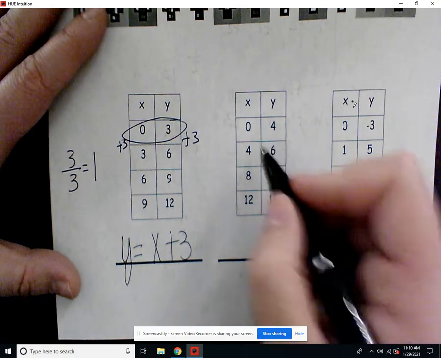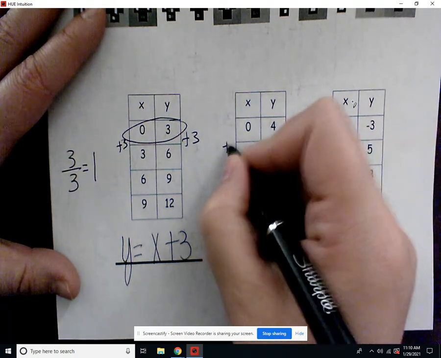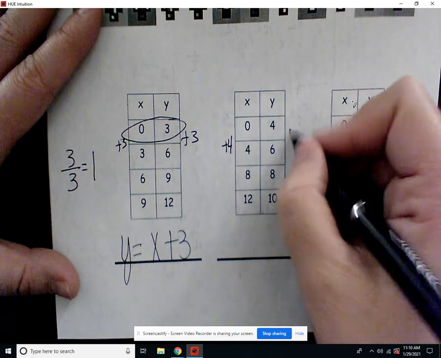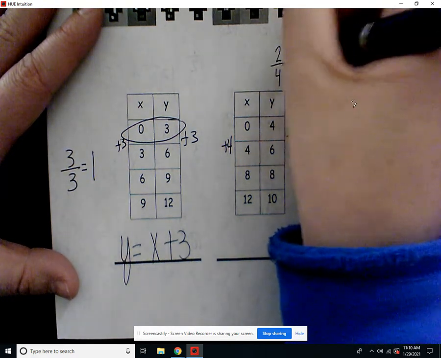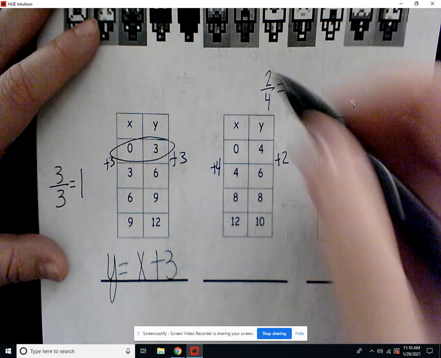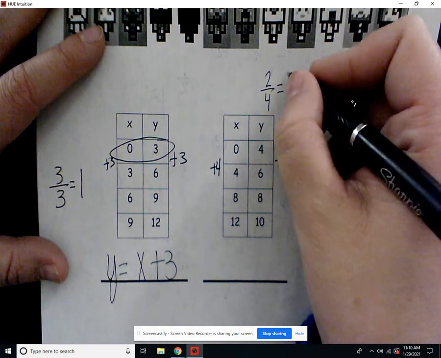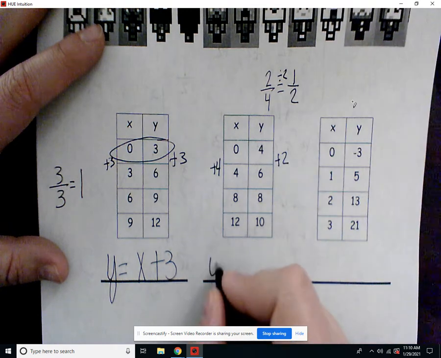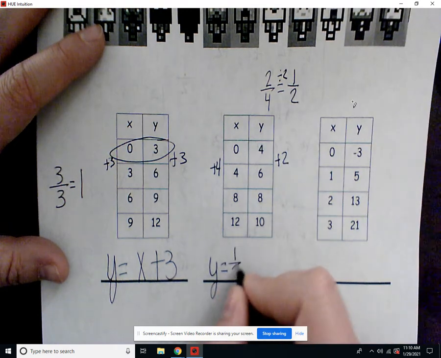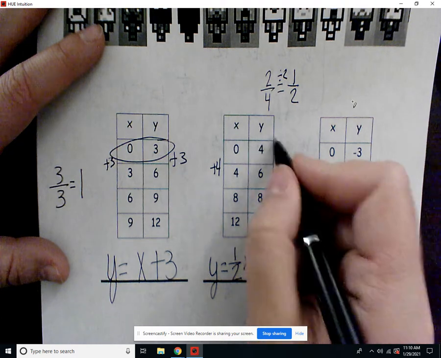Okay, our next one, we're counting by 4's on our x's and 2 on our y's. So 2 over 4. We do have to do some simplifying, because it will be a fraction. We divide by 2, which is 1/2. So y equals 1/2 x.